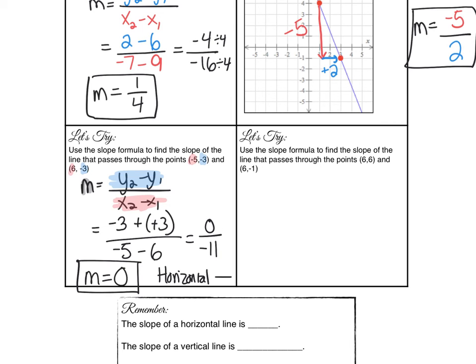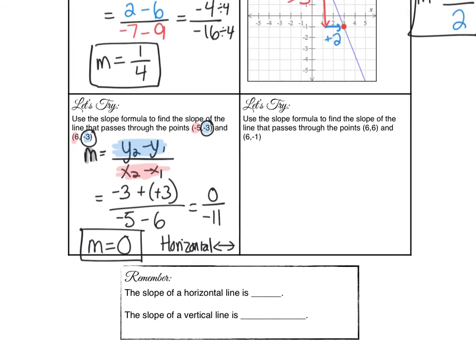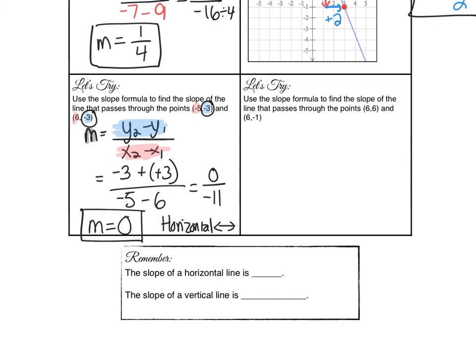This is a line that goes straight across, right? So notice what they have in common. They both have the same y value. So if the y's are the same in an ordered pair, then the slope is 0, the slope of a horizontal line.